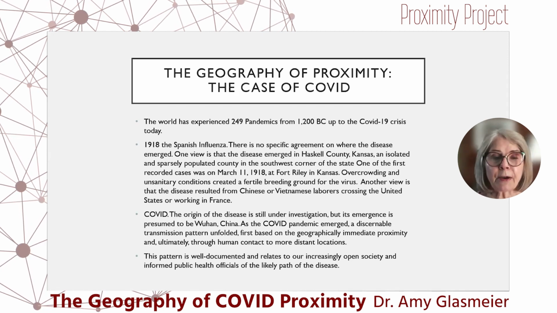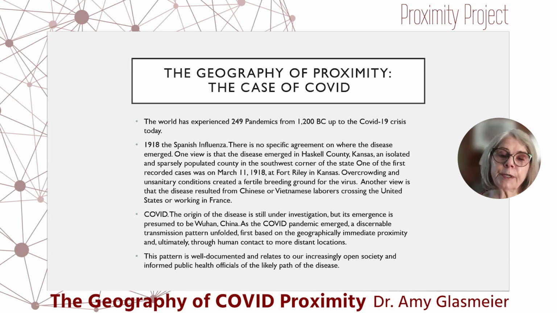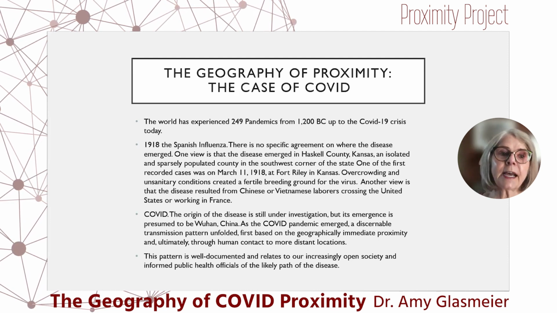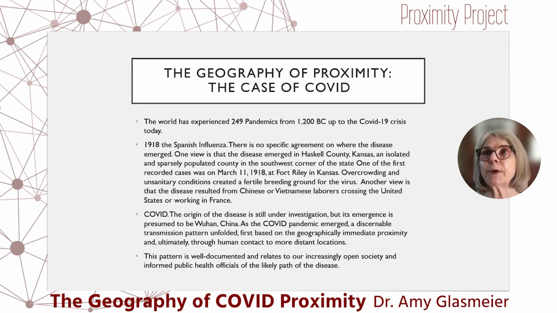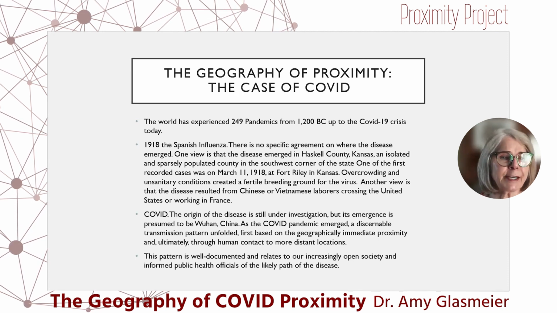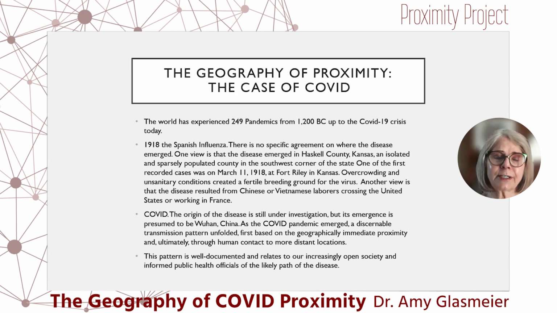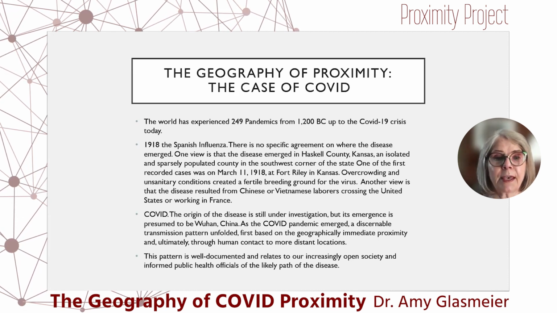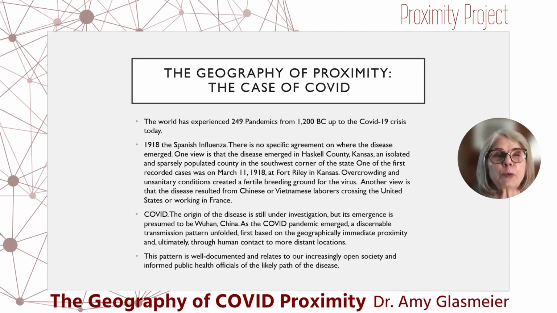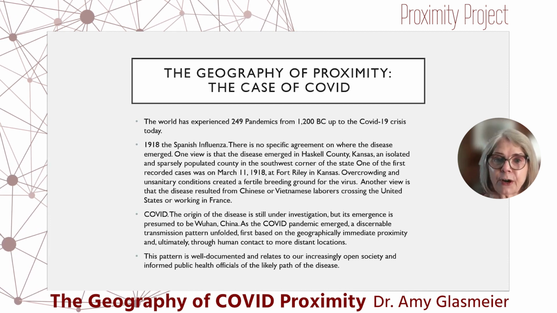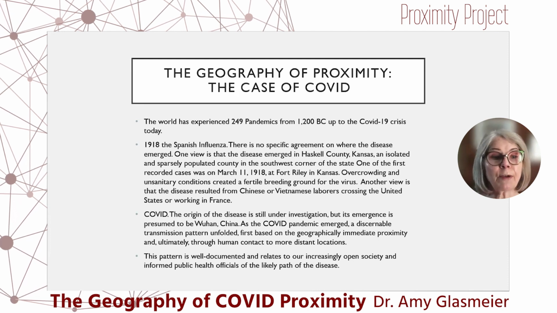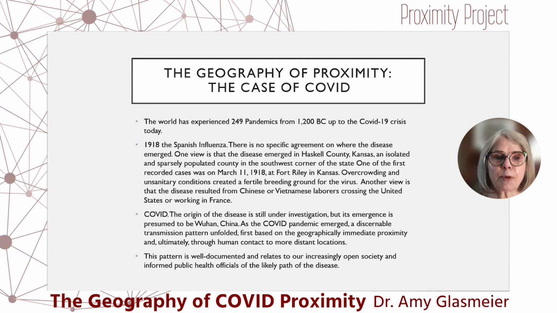The one that the Americans know the most about probably, or at least they have some memory of it, is the 1918 Spanish influenza. What's interesting about it is we actually have a lot of different opinions of where the Spanish influenza started and how it started, but there's really still no specific agreement on where the disease actually emerged.